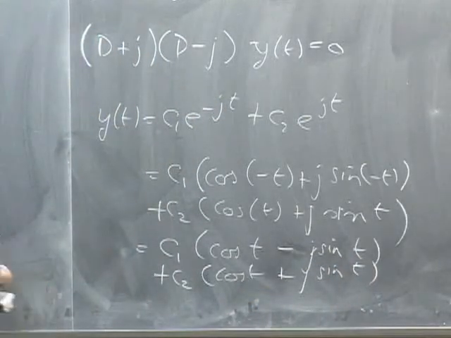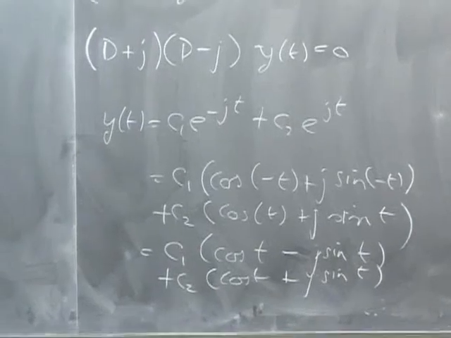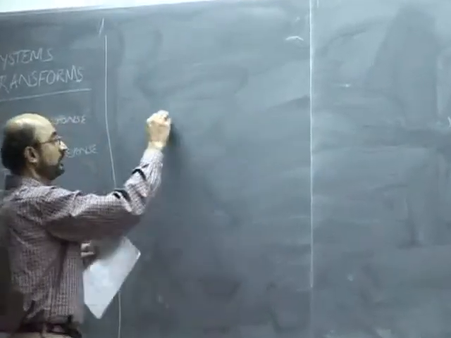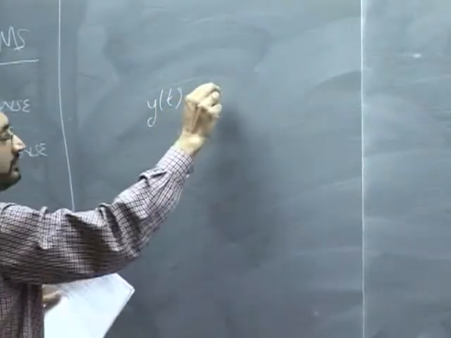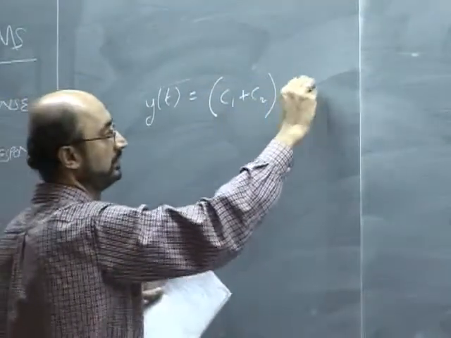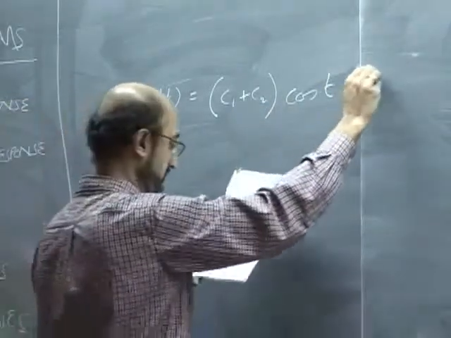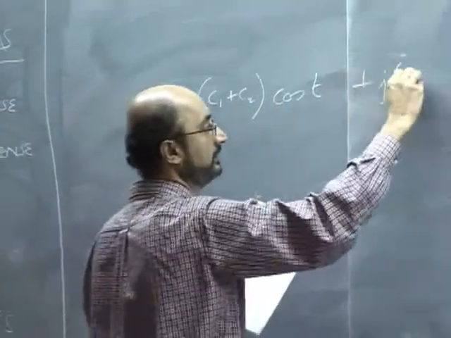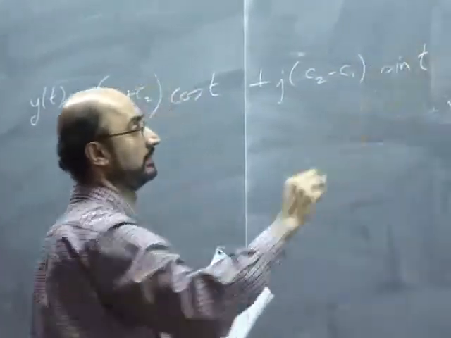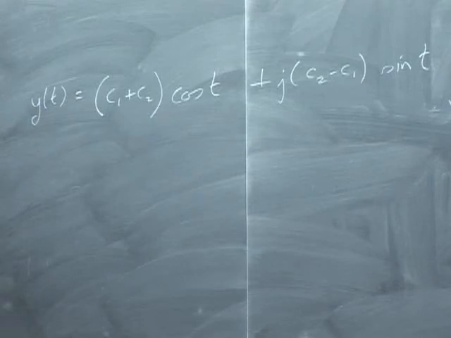And if you expand that again, we get yt equals c1 plus c2 cos t, okay, plus j c2 minus c1 sin t. Okay. So far so good. Nothing really great. All we've done is expand by Euler's formula.